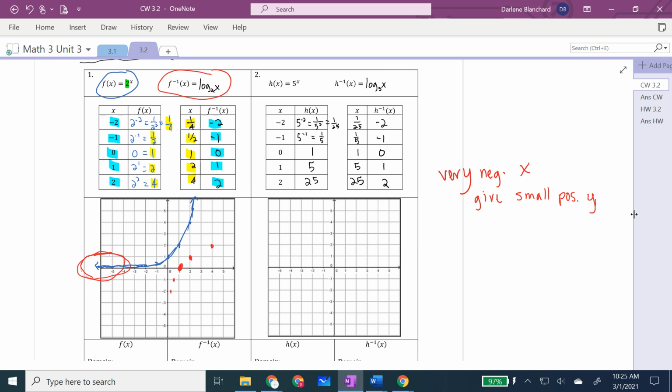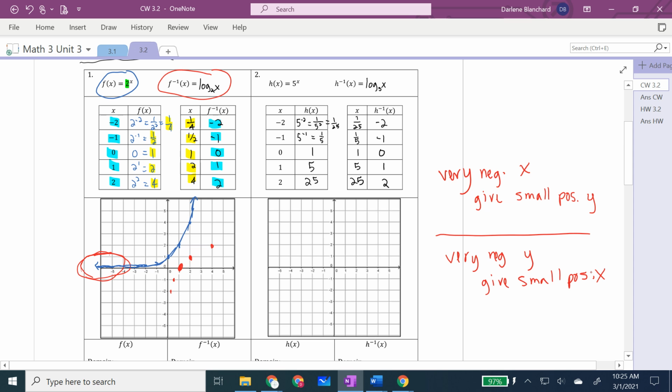The inverse is going to switch that around. So where you have very negative y values, that is going to give you small positive x values. Do you think you see what's going on with the graph based on what I just said?